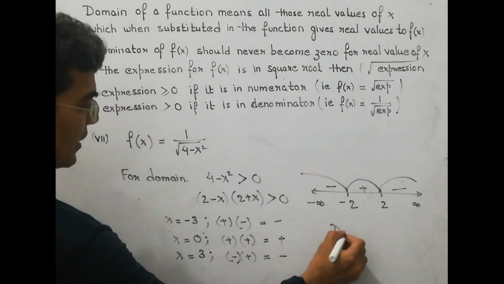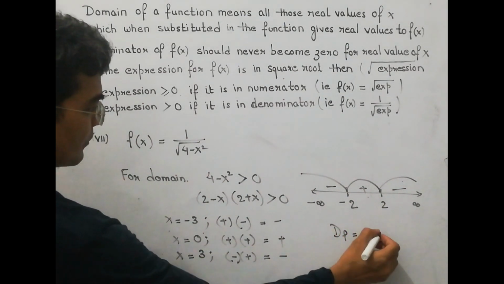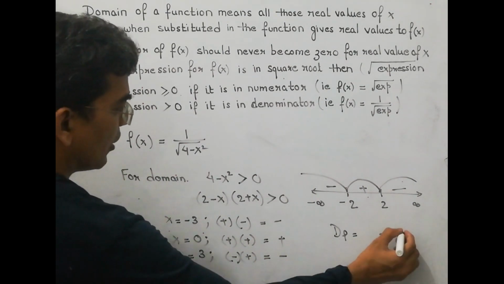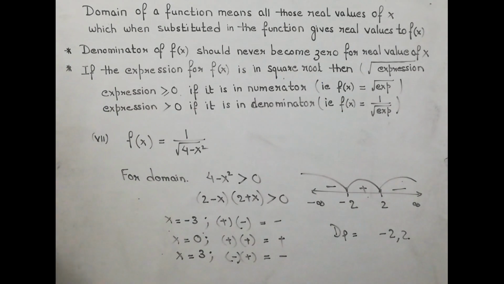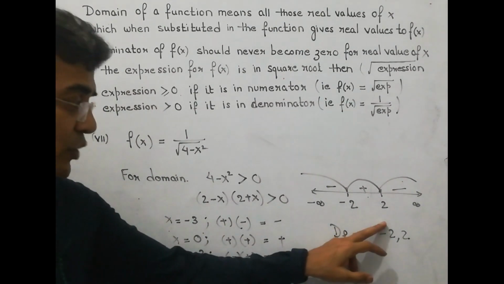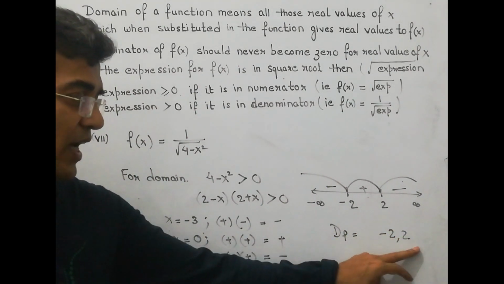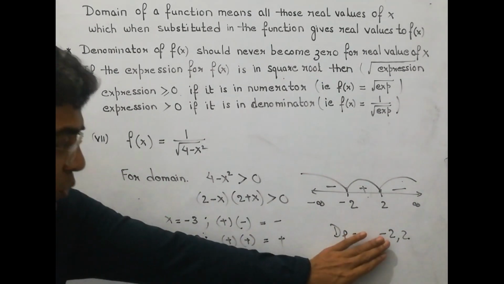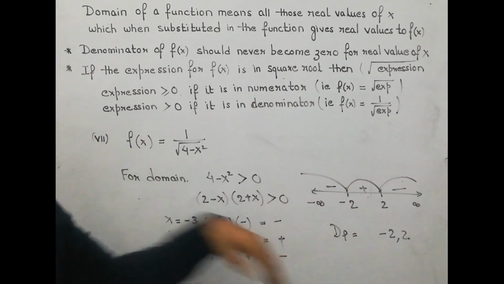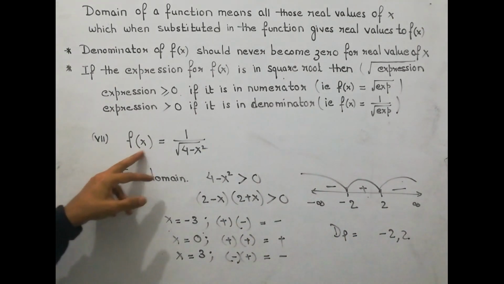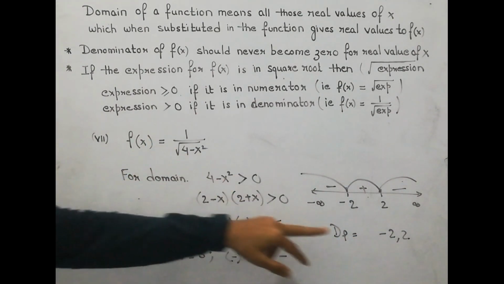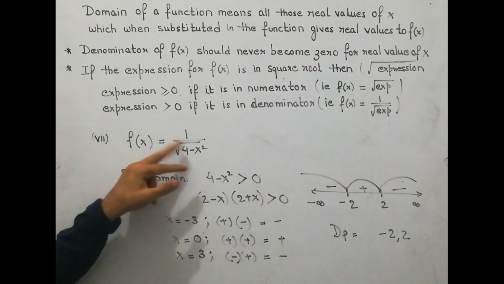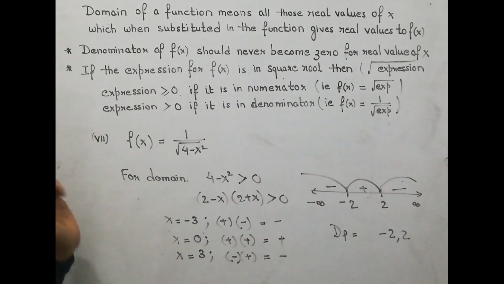So what will be the domain? Minus 2, plus 2. Now will minus 2 and plus 2 be included? If they are included, you will put a square bracket, and if they are excluded, you will put a round bracket. Now see, will these values of x give a real value for y? If you put minus 2 over here, this becomes 4 minus 4, that is 0, and 1 upon 0 will be undefined.